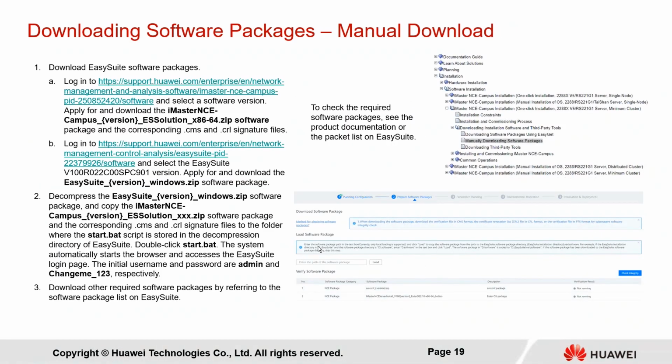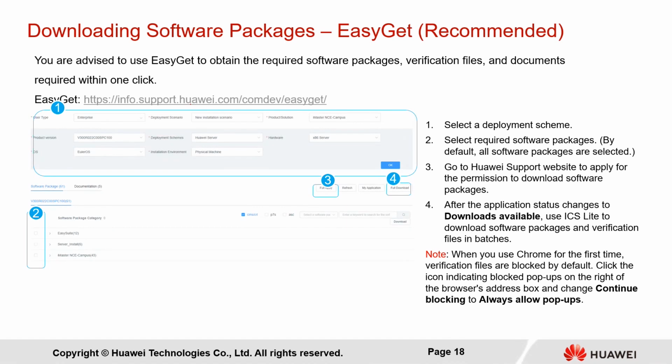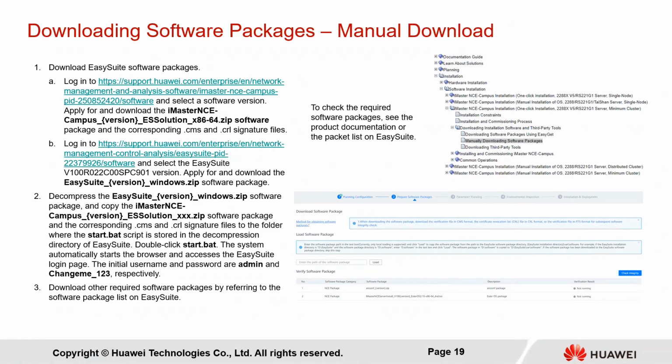So after you have downloaded the software packages using EasyGet, you can also do the manual download. Here are the links that you can use if you still want to do it manually.